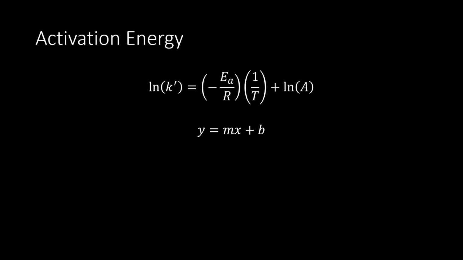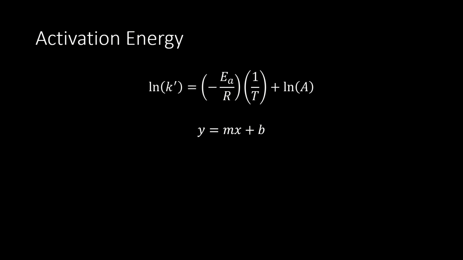If we look at this equation, we see that it resembles the linear trend line y equals mx plus b. So what you're going to do is, for specific trials, you're going to take 2 trials that are at different temperatures, 1 room temperature and 1 low temperature.